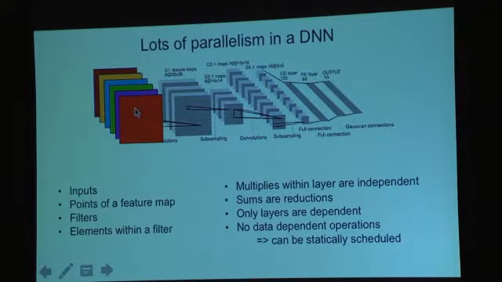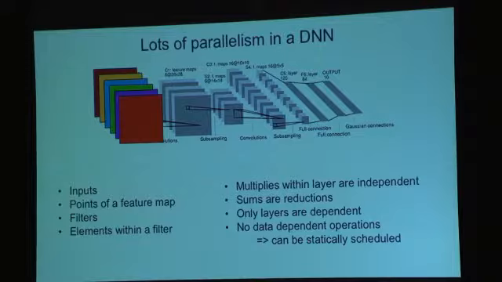I can dice that input image up and have different CPUs or GPUs work on different parts of the input image, or more accurately, you really want them to work on different parts of the output feature map for their layer. But it's a very local computation, so to compute, say I quarter my output feature map here, I basically quarter my input feature map, but I have a little halo hanging over each one of those that has to be shared between the processors that are working on that.